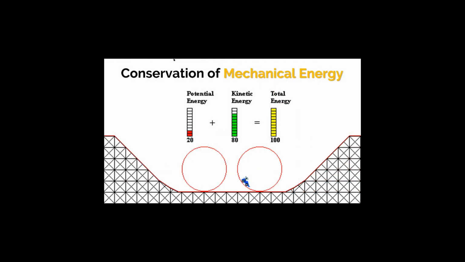So when we say potential energy, it is the energy of an object which could be used if the object will start to do a work.